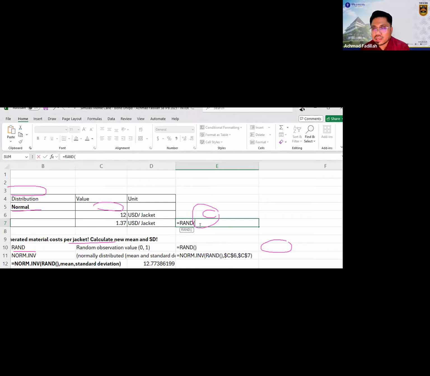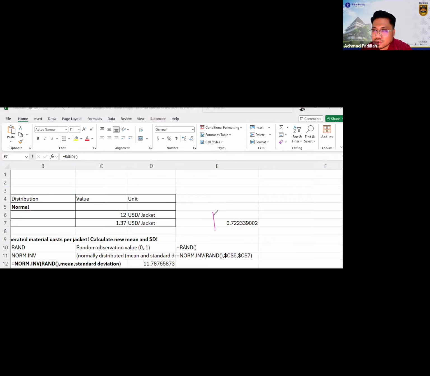You just double click here and close this, and you already get the number. You can see here, this number is randomly generated. If you click on your keyboard, it will clear all. Just focus on this formula you can see here. Every time you just press F9, F9 means refresh, and this will always change.